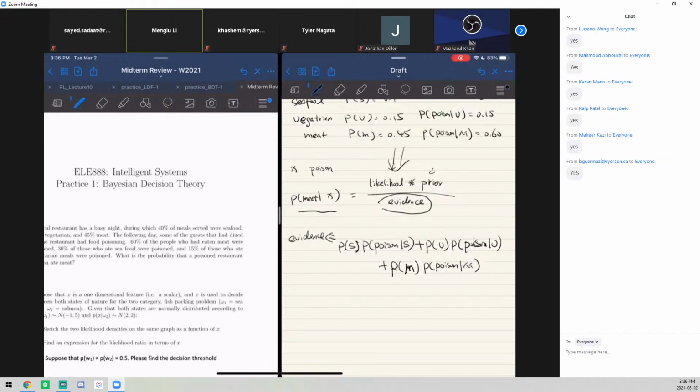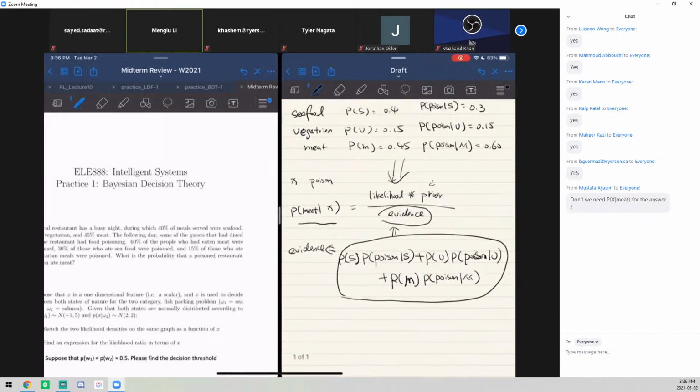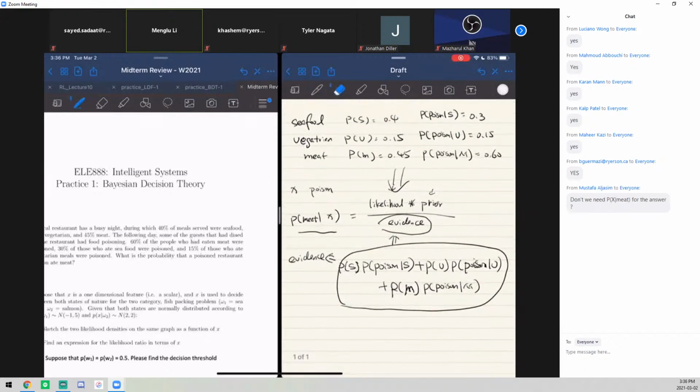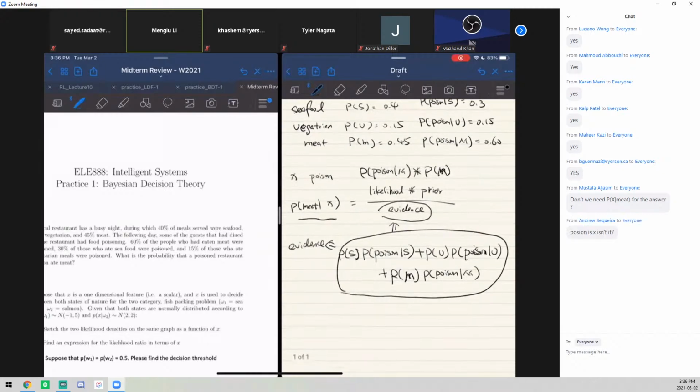And we will get the evidence. So we plug this part into the evidence, and plug in the likelihood for meat: poison given meat and the prior of meat. Then we will get the final posterior probability for meat.